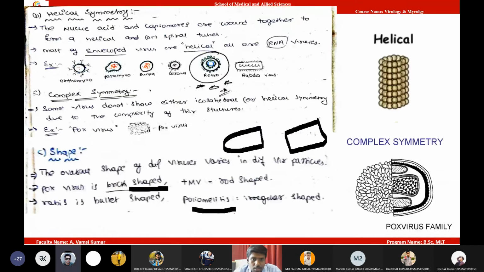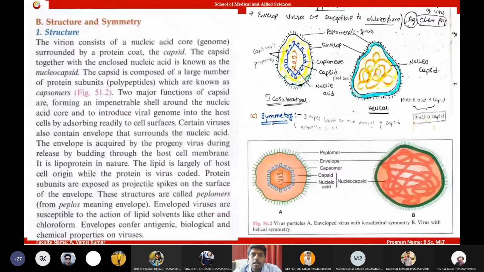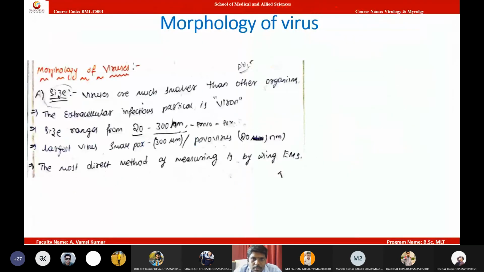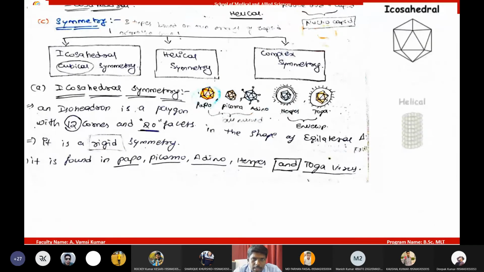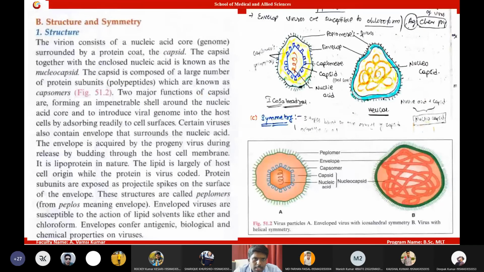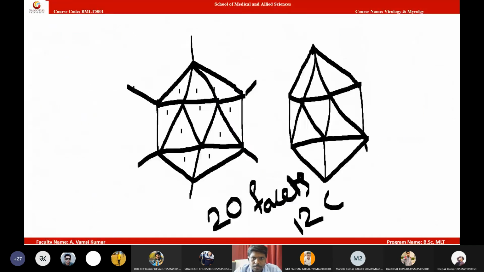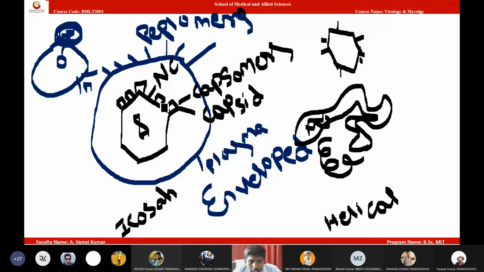And I forgot to tell one point, students. There is a specific number for these capsomers. I said that capsomers are present on the capsid, right? To this capsid, we have capsomers. Most herpes viruses will have 60 capsomers.